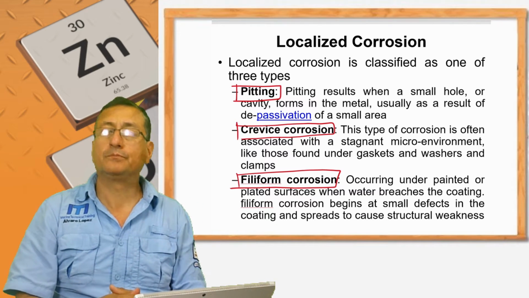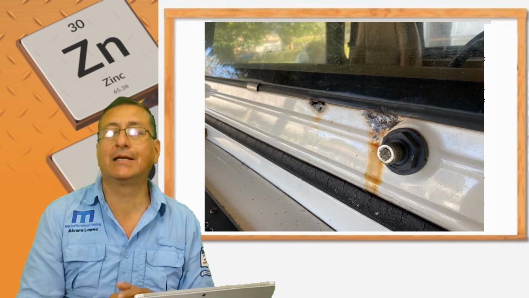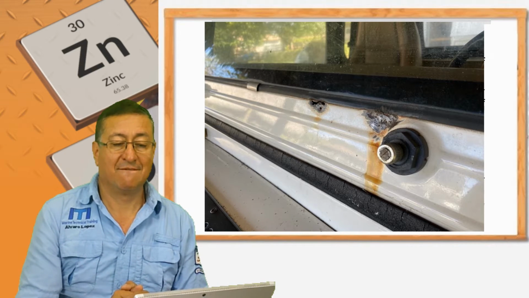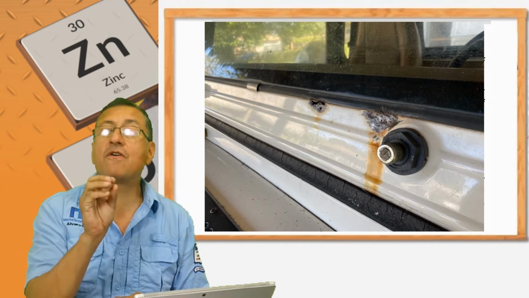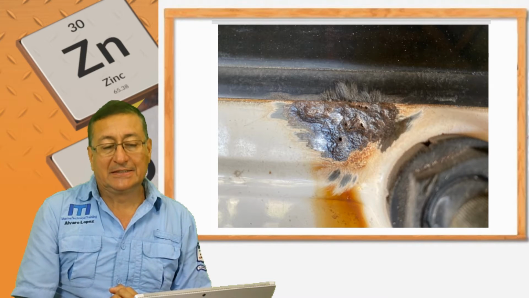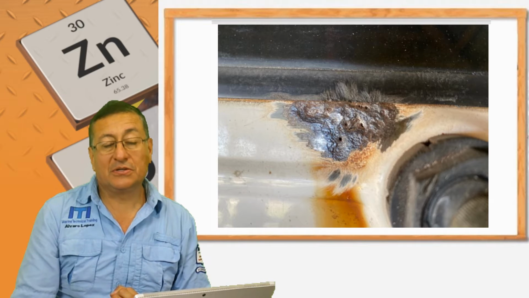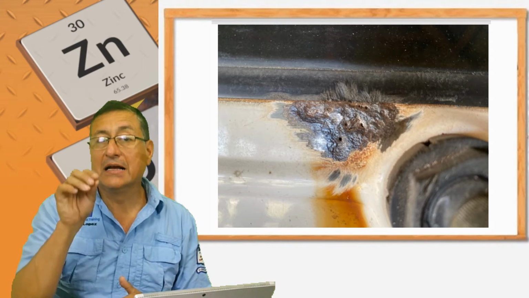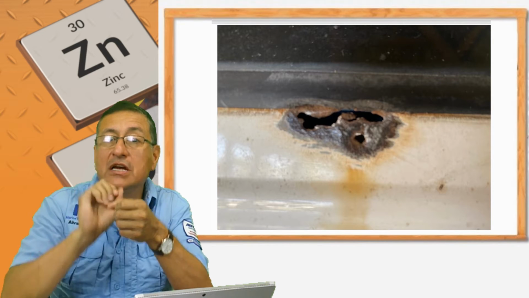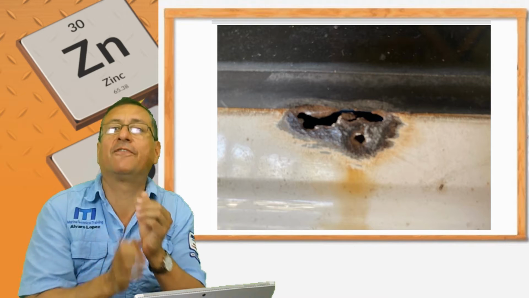Pitting corrosion results when a small hole or cavity is formed in the metal. Normally this is because you have a stagnant solution accumulated in a small area for a long period of time, and it perforates that area.